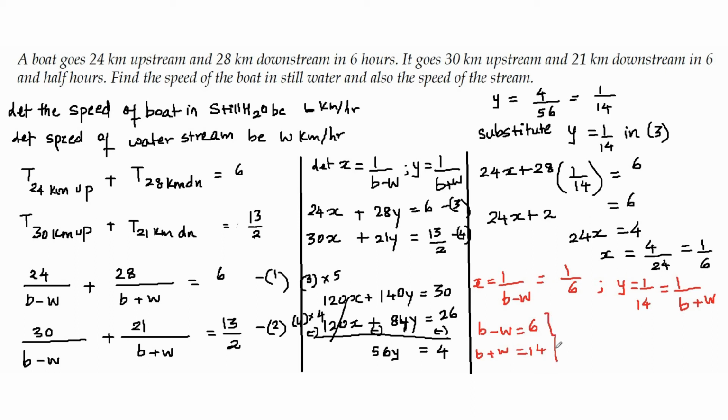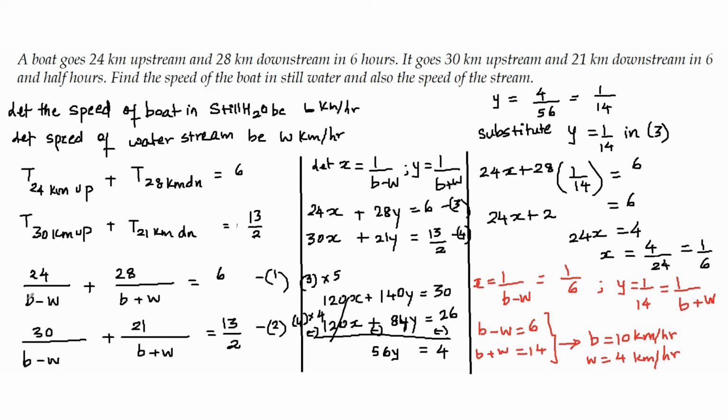Now if you solve these two simultaneous equations, you will get b equals 10 and w equals 4, and the unit is of course kilometers per hour, right? So the boat is rowing at 10 kilometers per hour and the water is flowing at 4 kilometers per hour.